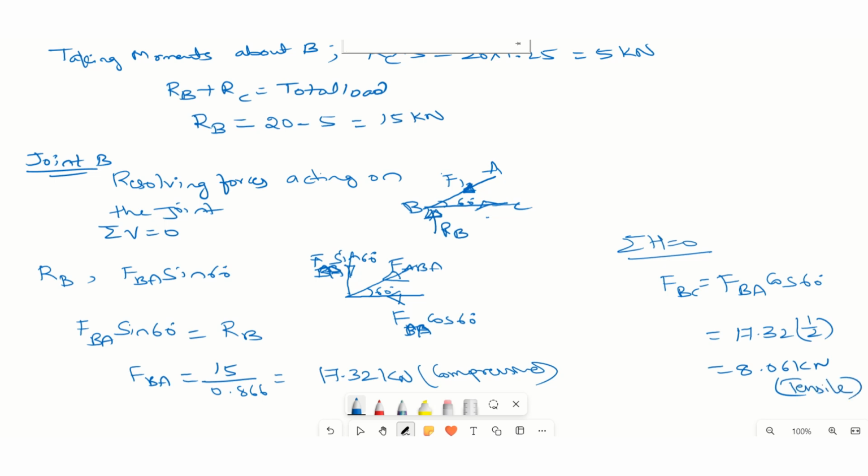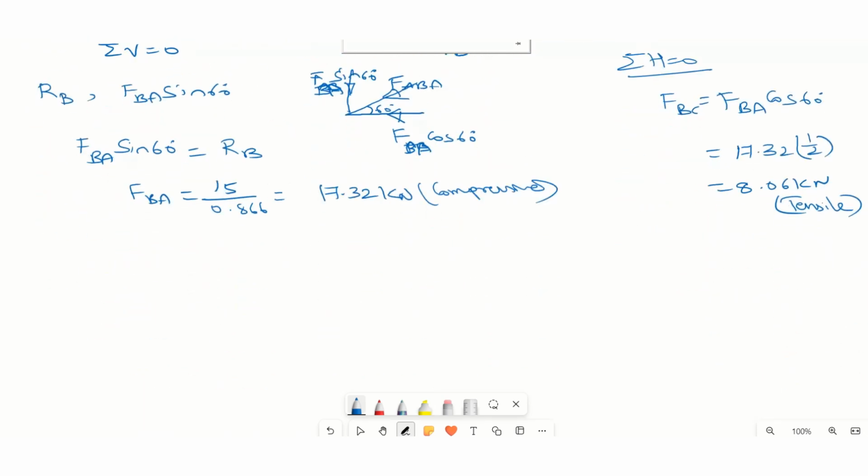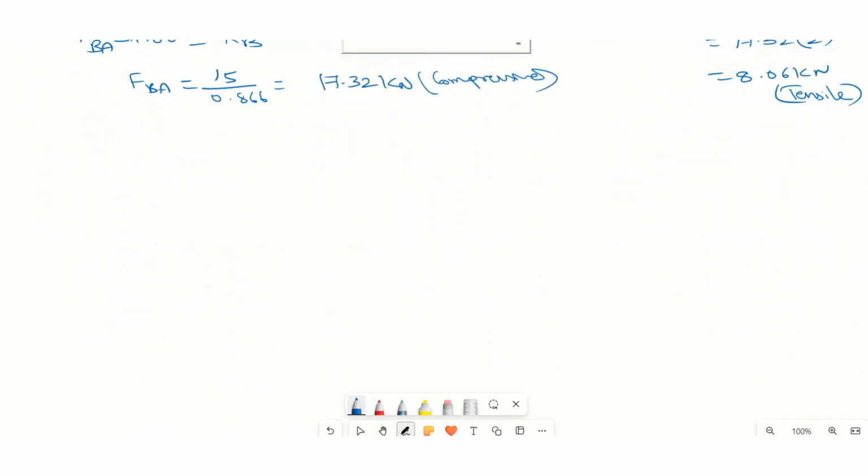So from this joint B, we get these two values, FBA and FBC. Now the next one is to calculate the next member, that is FAC or CA. For that, consider joint C. Now I am applying the equilibrium condition for joint C. For this joint C, draw the free body diagram first.